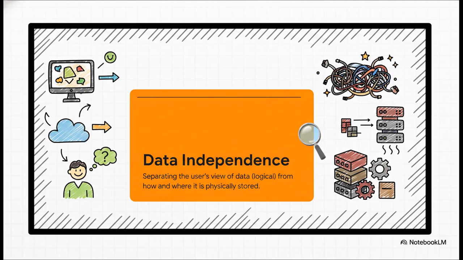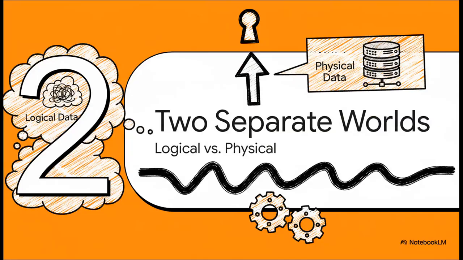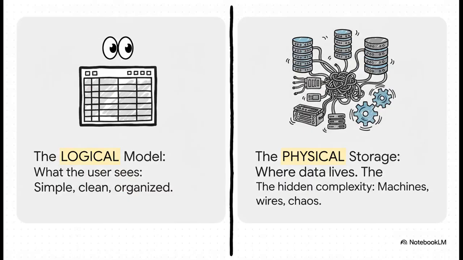What you, the user, see and interact with should be totally separate from all the messy, complicated details of where and how that information is physically stored. The best way to think about it is like a wall, right? A wall separating two totally different worlds. And really wrapping your head around these two separate worlds, well, that's the key to the whole thing. Okay, so picture this.